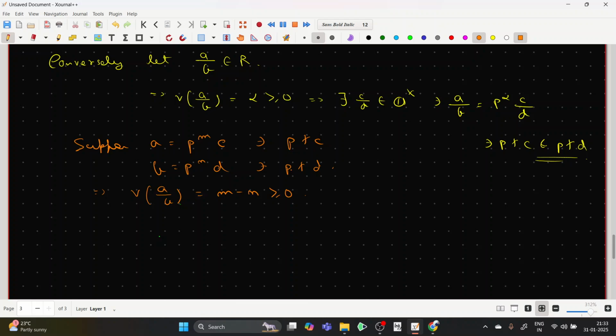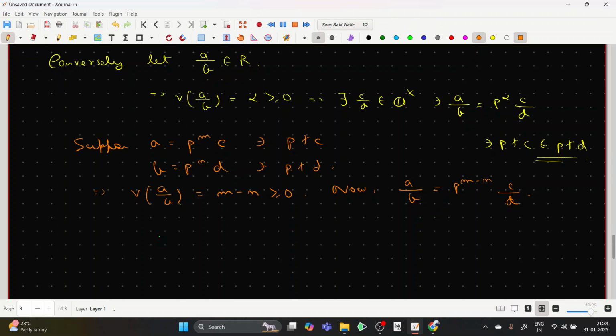So now observe that A by B is of this sort, the way we have constructed it, right? Now P does not divide C, P does not divide D. So C does not divide B and D does not divide A, right?